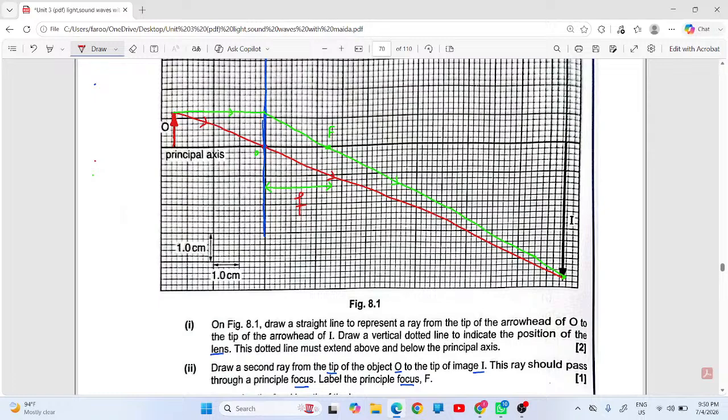We didn't know the position of the principal focus, but we know that we have to join the ray with the tip of the image. So you have to proceed the ray. Initially it is parallel.